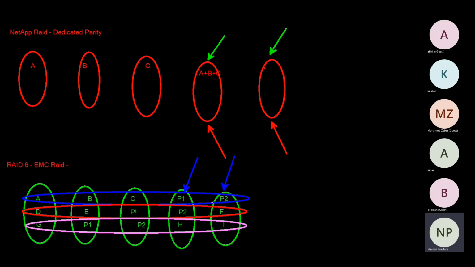Like that, parity is distributed across all the drives in different stripes. But in RAID DP, whether it is stripe 1, stripe 2, or stripe 3, it doesn't matter. Everything will be in a single drive only. My parity 1 will be in a single drive and parity 2 will be in a single drive only.